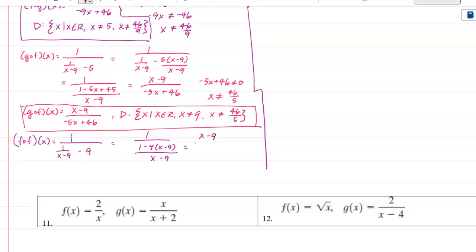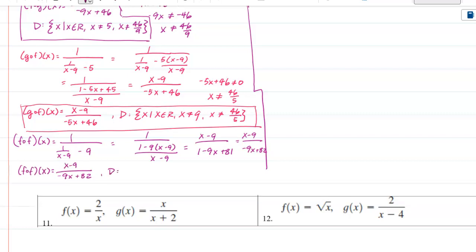That's going to equal 1 minus 9x plus 81, so x minus 9 over negative 9x plus 82. Let's see, so f of f of x equals x minus 9 over negative 9x plus 82.